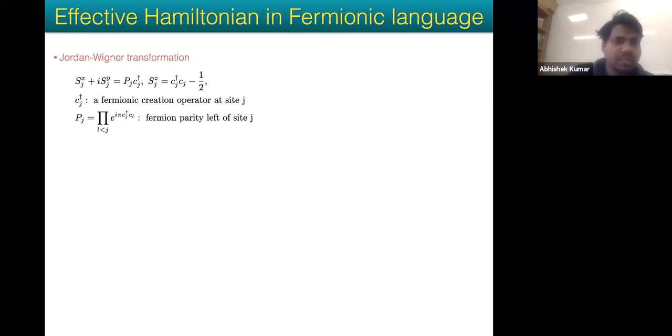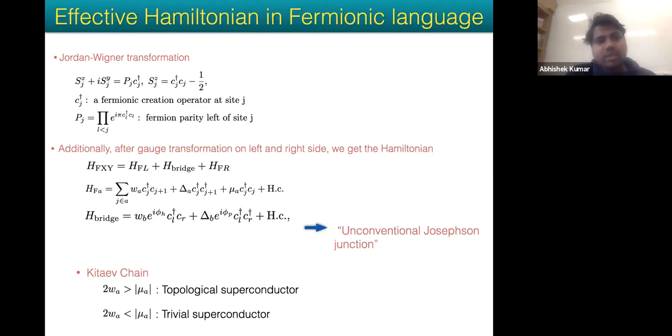So we will use the Jordan-Wigner transformation to go from spin operators to fermionic operators. The Jordan-Wigner transformation is a non-local transformation which maps a spin half system to fermionic operators. After doing that, we also do some gauge transformation on the left and right side.